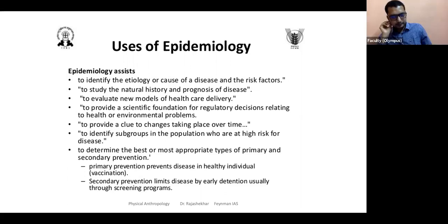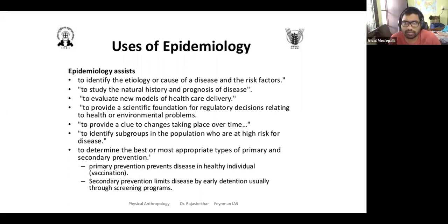Vishal or Preeti, what's the difference between an infection and a disease? Who is first? Vishal? Do they both mean the same? You are muted. Can you unmute yourself, Vishal? Yeah, I don't think they both mean the same.